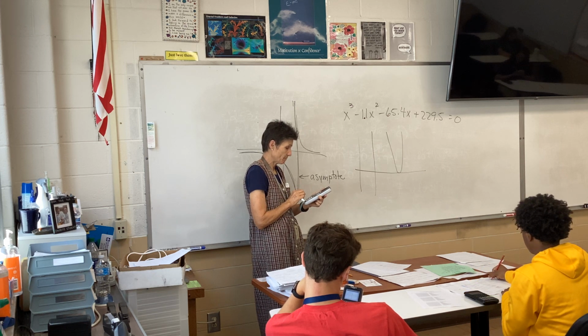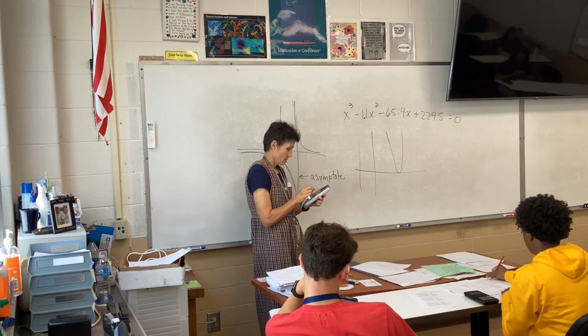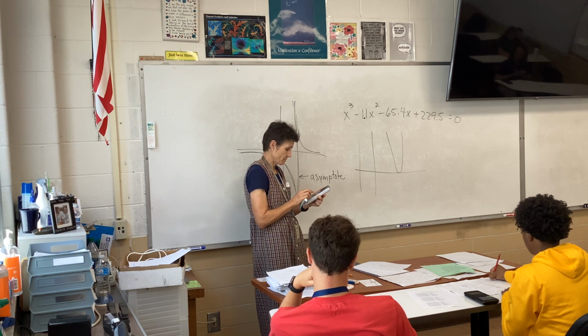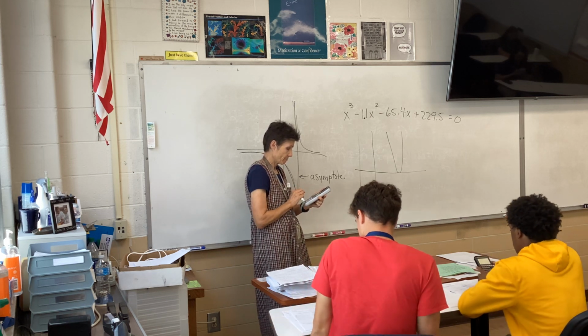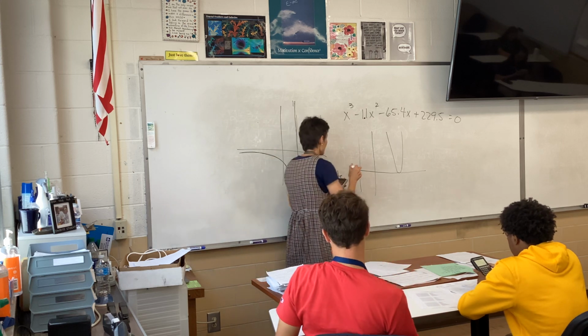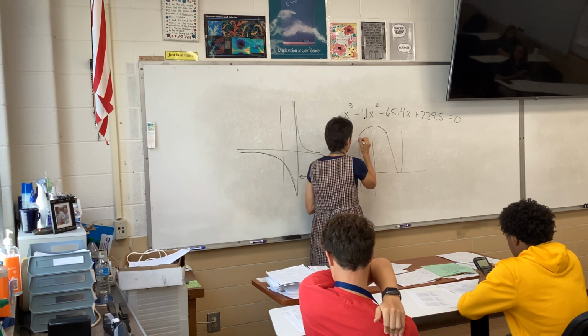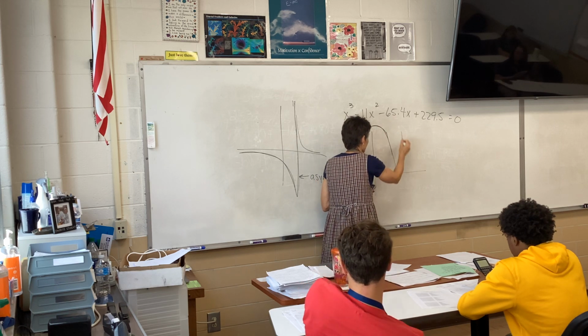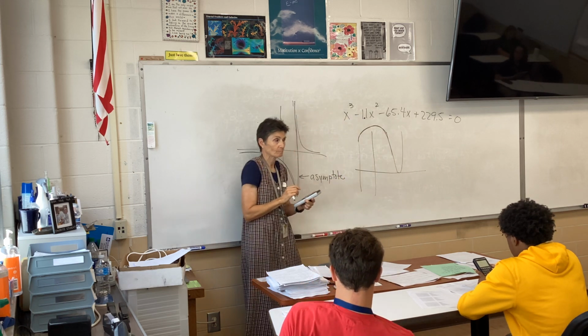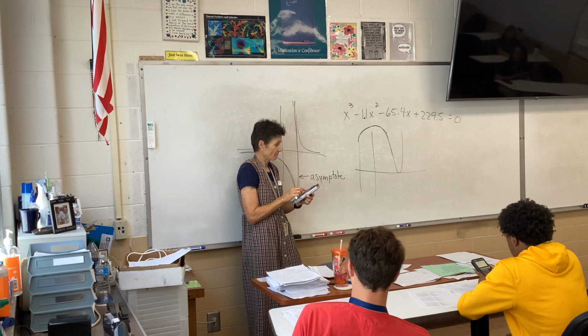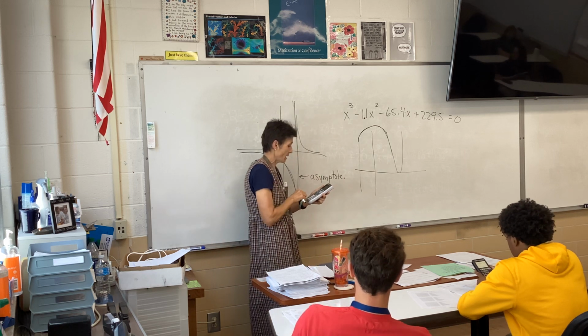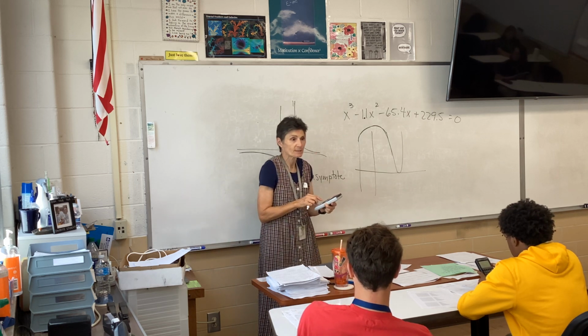Not enough. Let's try 500. There we go. So now I see a picture that looks like this. Comes up, goes around, comes down. Is that what you see? It looks better than mine, but that's what you see, right?